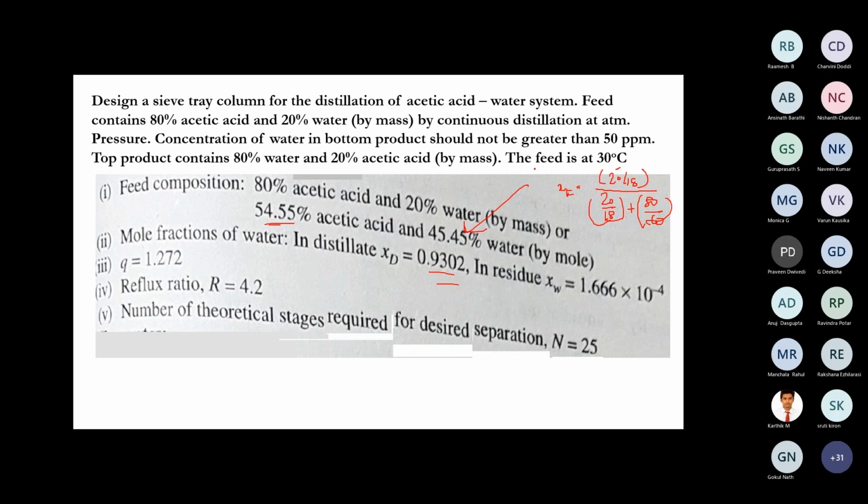So the mole fraction of water in the bottom product, how will you calculate? It's given as 50 ppm, should not be greater than 50 ppm. So you see this value is very small.